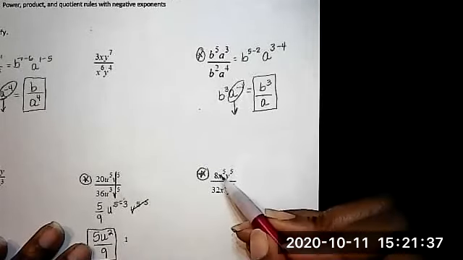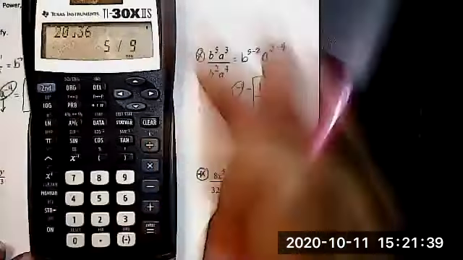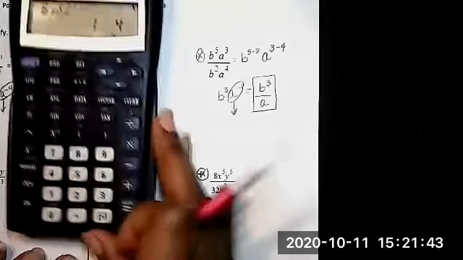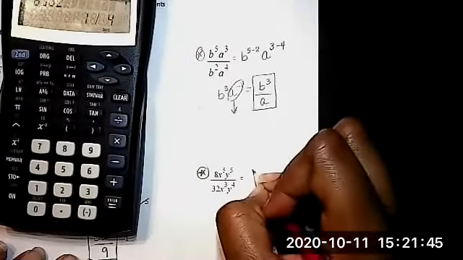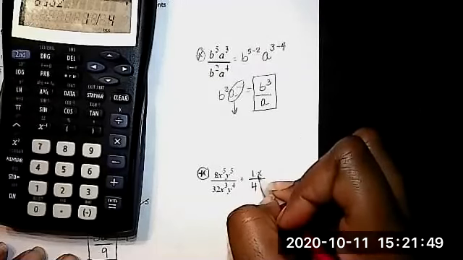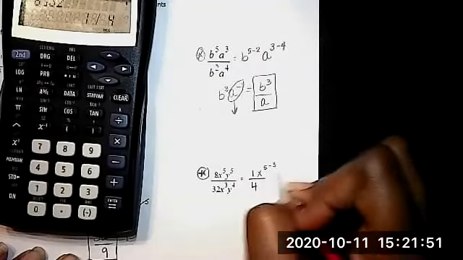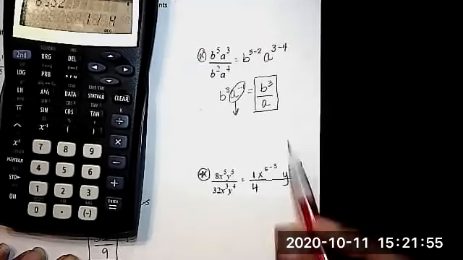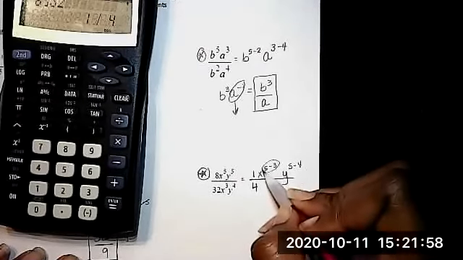All right, so let's do the same thing here. 8 divided by 32 became 1 over 4. So this is 1 over 4. And then it's going to be x to the 5 minus 3 and y to the 5 minus 4. So of course this becomes 2.